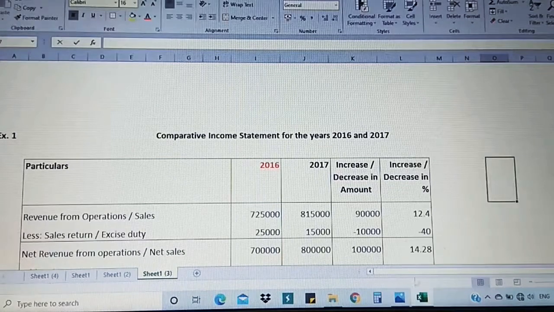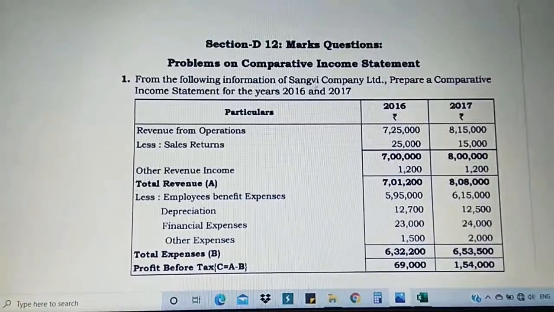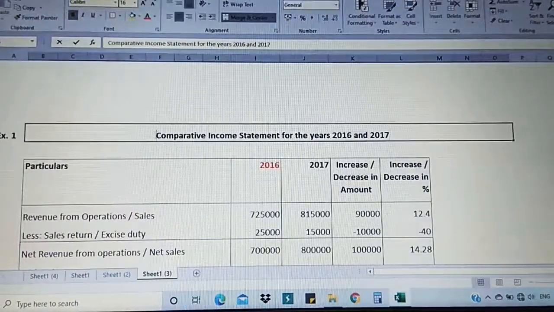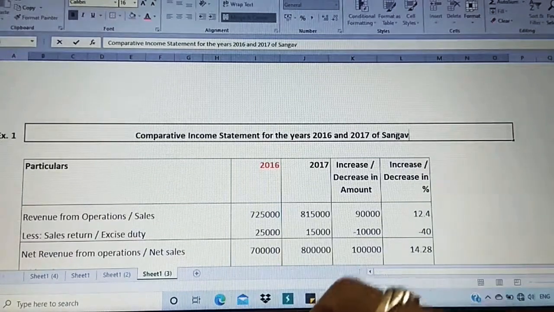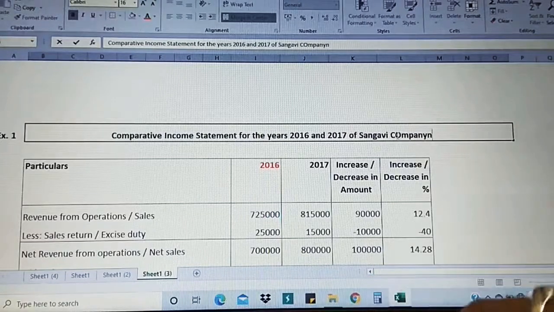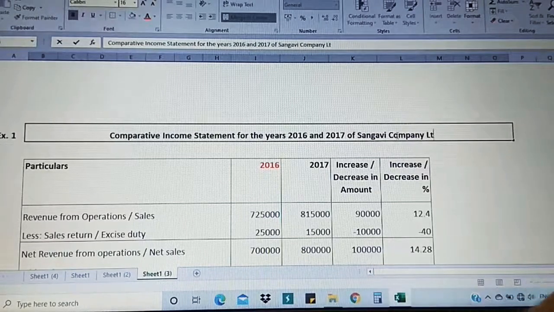Let us just observe once. They have asked us to prepare the comparative income statement for the years 2016 and 17 of Sangavi Company Limited.